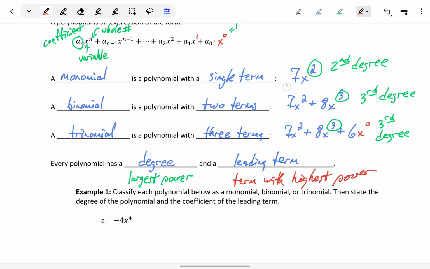So when we look at 7x squared, there's only a single term, so that's the leading term. When we look at 7x squared plus 8x cubed, 8x cubed has the highest power, so the leading term would be 8x cubed. And similarly with that trinomial, 8x cubed is still the leading term of that polynomial.